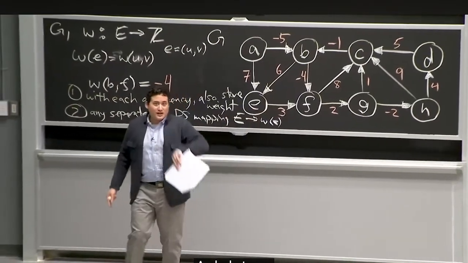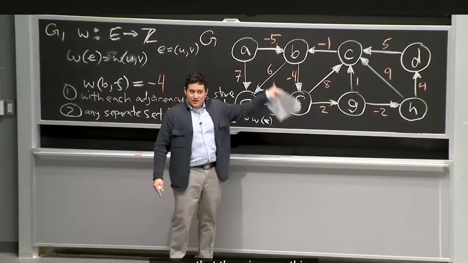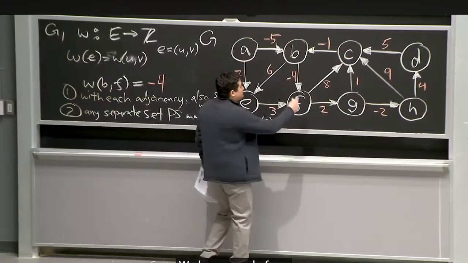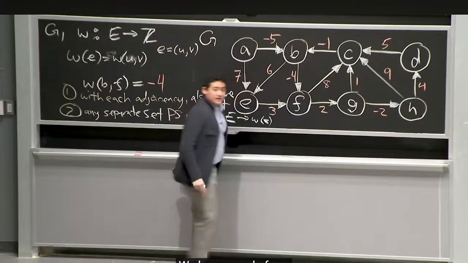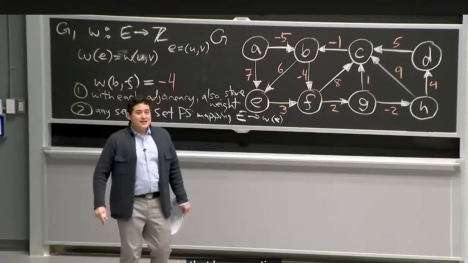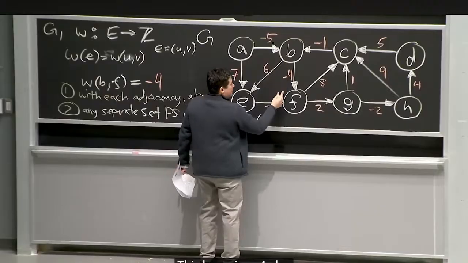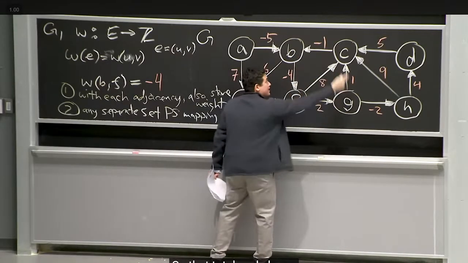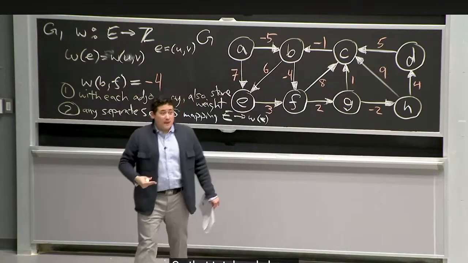And what your colleague just informed me was that there's something interesting happening here in this graph. In particular, we have a cycle from B to F to G to C back to B, right? This has -4 plus 2 plus 1 minus 1, so that total cycle has a cycle weight of -2, right?